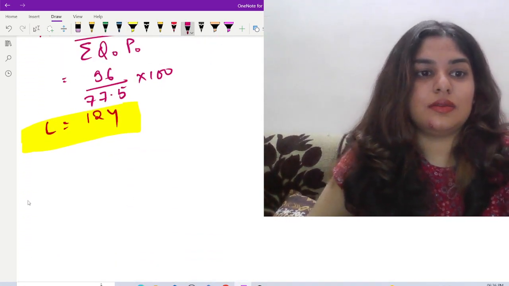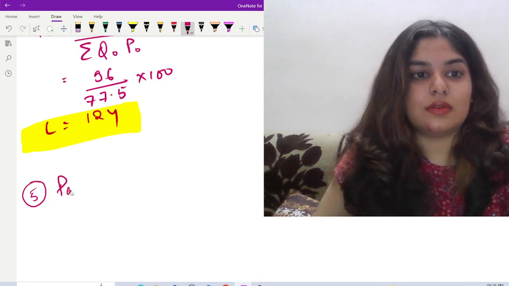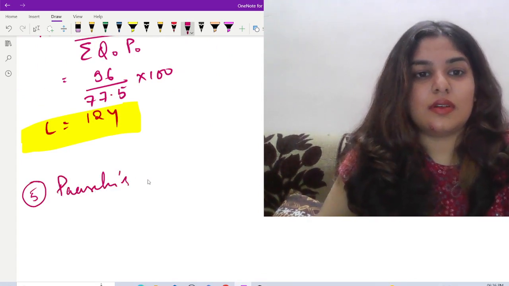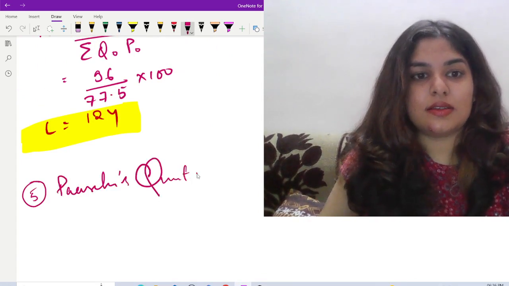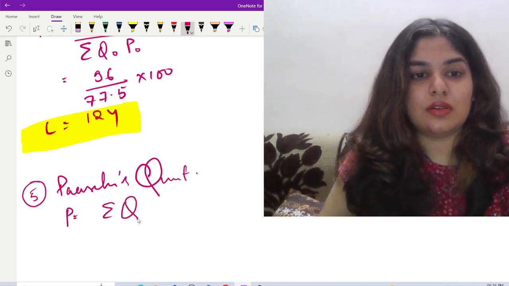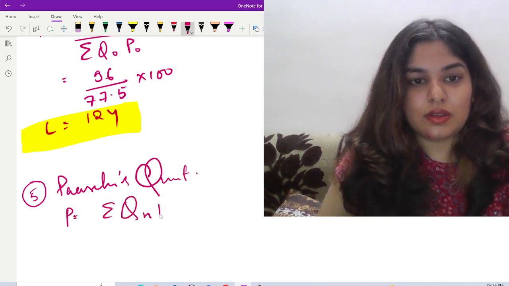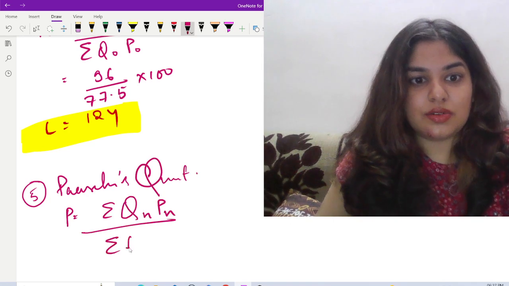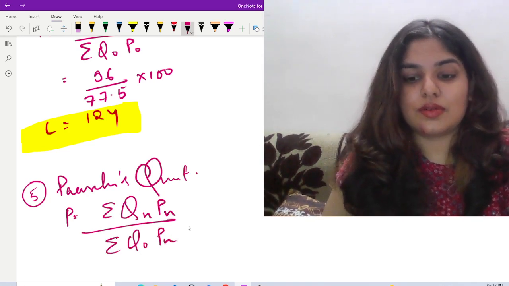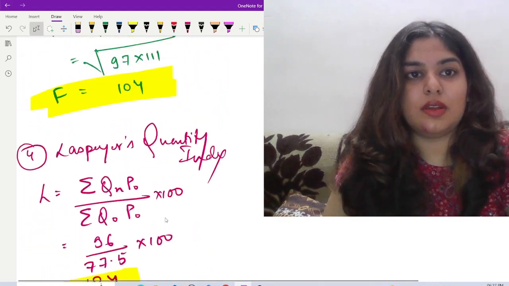Next one, Paasche's quantity index P is equal to summation Qn Pn by summation Q0 Pn into 100. So we need Pn Qn and Pn Q0.